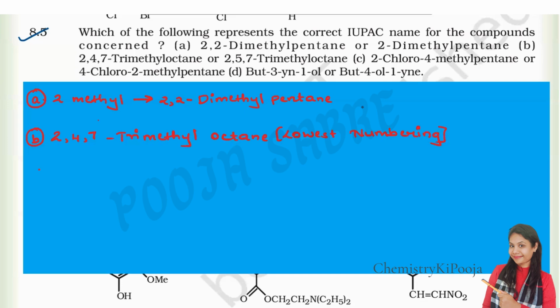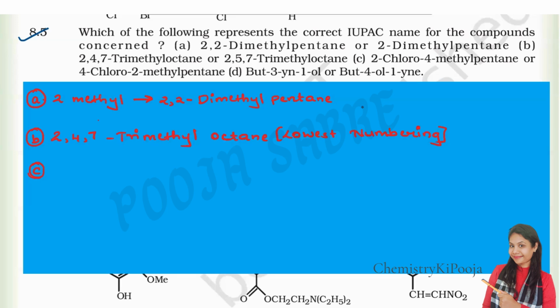The next one, C, 2-chloro-4-methylpentane or 4-chloro-2-methylpentane. Now, over here, suppose the substituents are in equivalent positions, or if I say there is a tie, right? So, if there is a tie, then definitely there should be some tiebreaker.